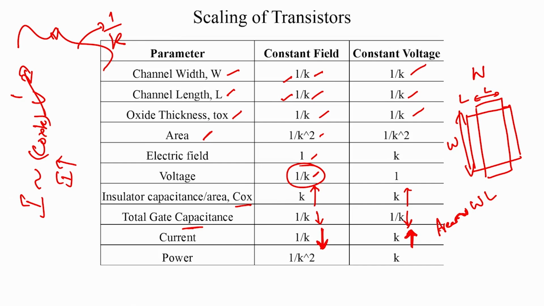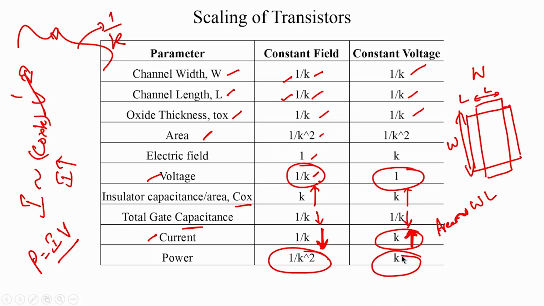And what about power consumption? Power is nothing but your current into voltage, IV, and since the voltage is reduced by a factor of K in constant field scaling and the current reduced by a factor of K, the power reduces by a factor of K square. Whereas in the case of constant voltage scaling the current increased by a factor of K, the voltage remained invariant, and therefore, the product scales up by a factor of K. So, here the power increases, here the power comes down.